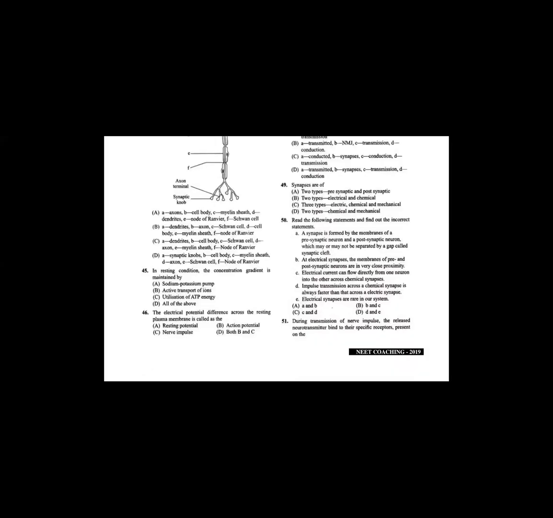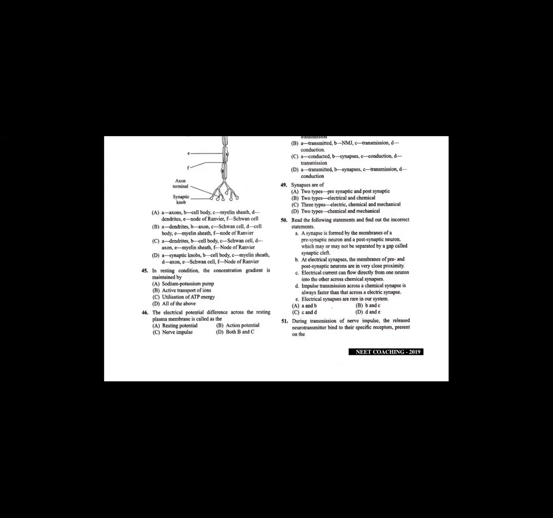Now question number 45. In resting condition, the concentration gradient is maintained by, resting condition nothing but what, students? Outside it is positively charged on the axolemma, that is the plasma membrane, due to more sodium ion concentration, whereas the inner side is negatively charged due to the presence of potassium ion concentration.